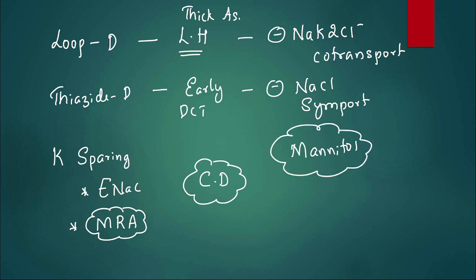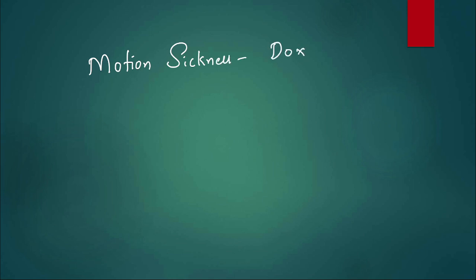Right. Now, for some sicknesses, I will ask you the drug of choice. Can you tell me the drug of choice for motion sickness? If you are saying doxylamine, no, it is hyoscine. So we use hyoscine, right?